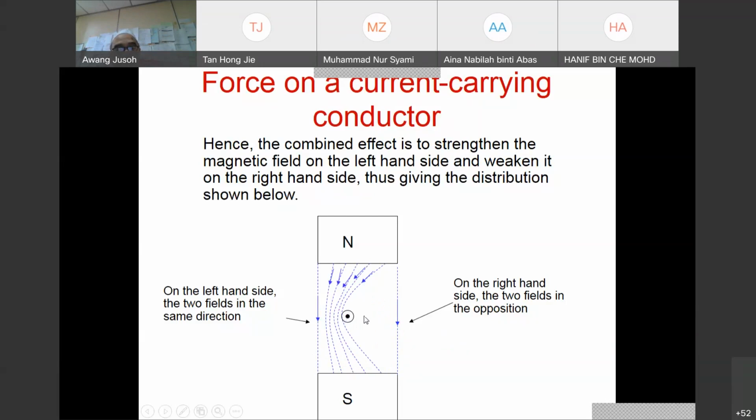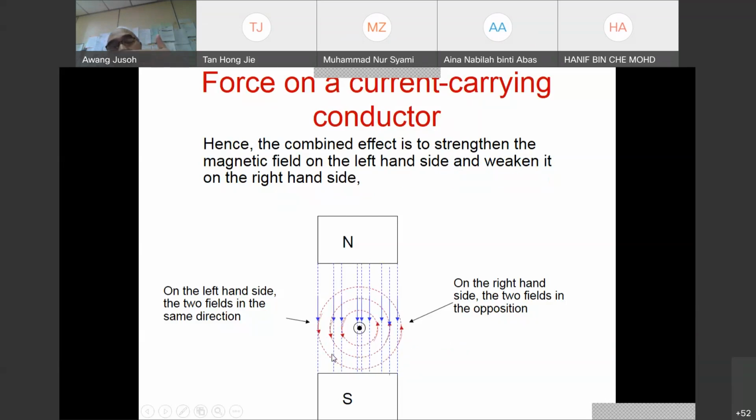If you don't want to plot the flux lines, you just use the left hand rule only. In the left hand rule, the flux is your middle finger going down, and this is your current, the other finger. You have three fingers there. So the direction of motion is your left hand thumb, moving this way.